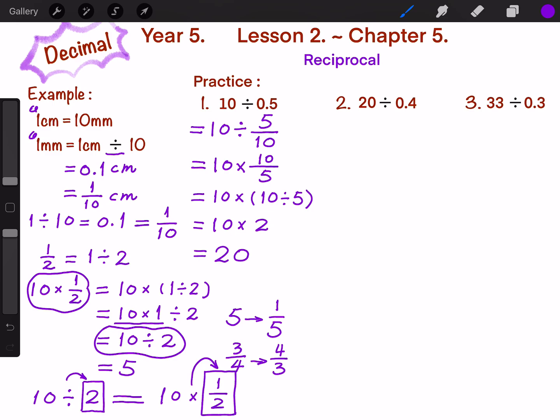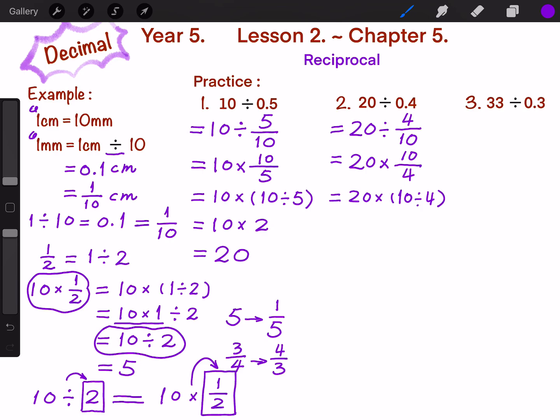Question 2. 20 divided by 0.4. 20 divided by 0.4 can be written as 4/10. Divided by a number equals times its reciprocal, 10/4, and then equals 20 times 10 divided by 4.